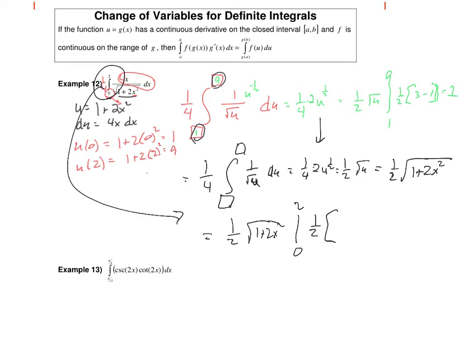So if I put a 2 in there, I'm going to have the square root of 9 minus the square root of 1, which is still going to give me my 3 minus 1, which is still going to give me the area of 1. So the top way in green here, we changed the limits to evaluate in u.